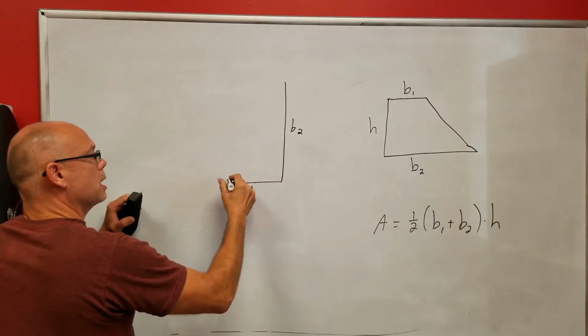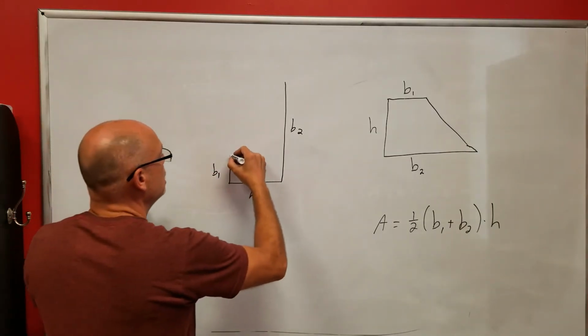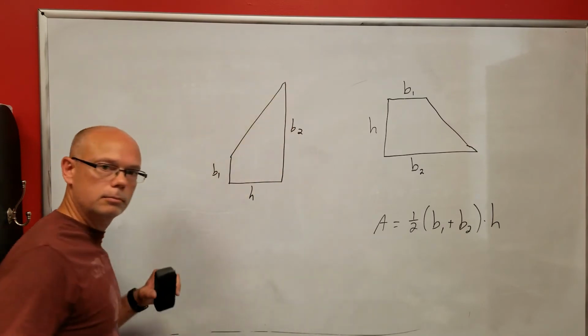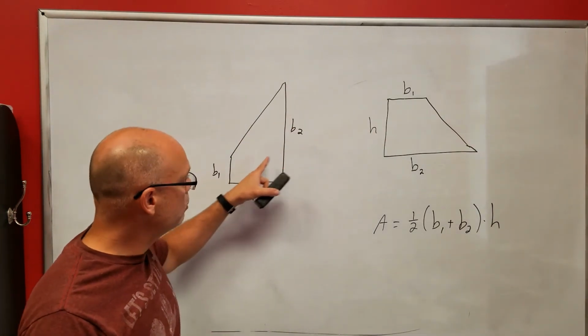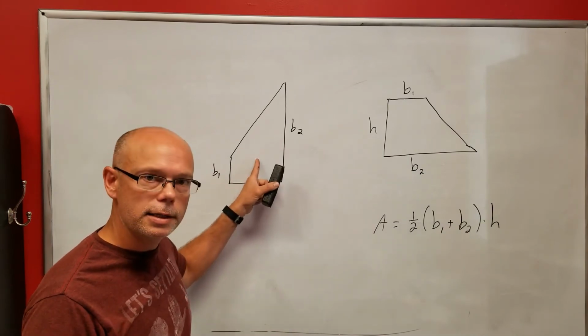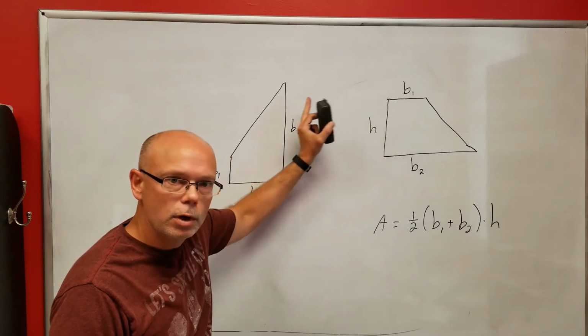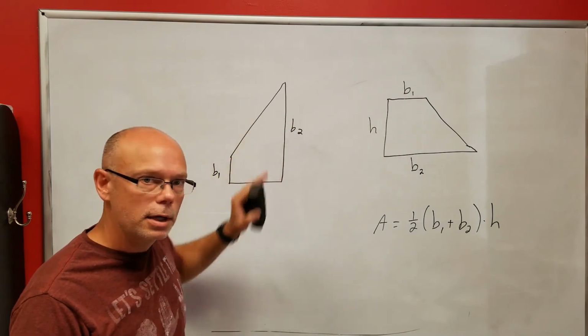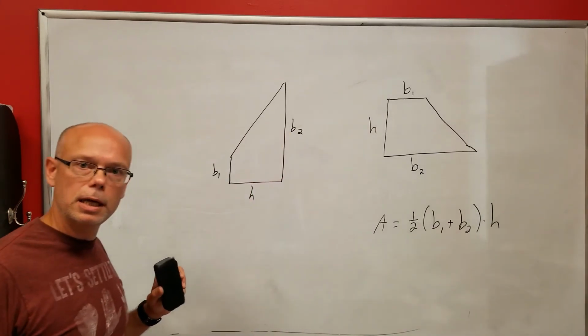It goes over on the side here. So that's base 1, right? And then this is the diagonal, right? Now, I realize that I can't draw them exactly the same size and shape, but if I take this thing and actually rotate it and make it the same size and shape, isn't the area going to be exactly the same? So it's going to be the same formula.